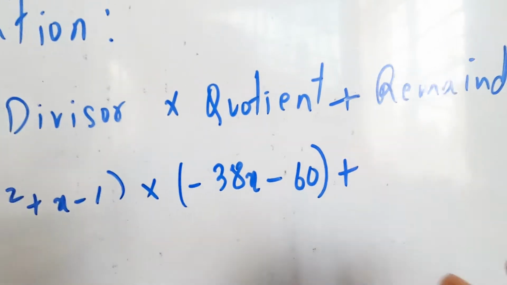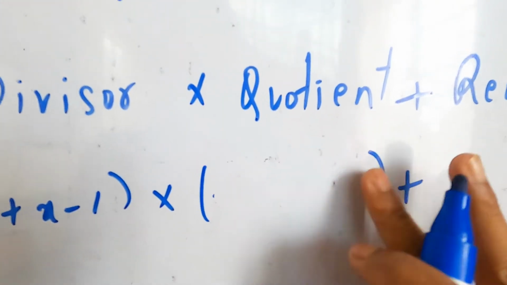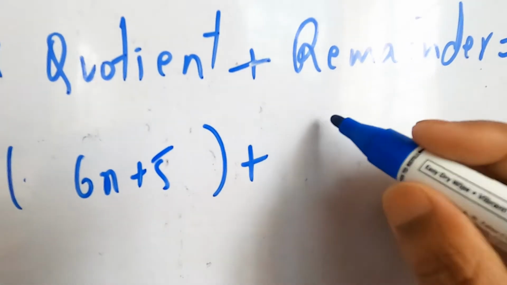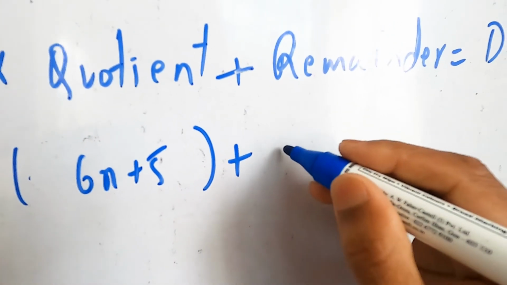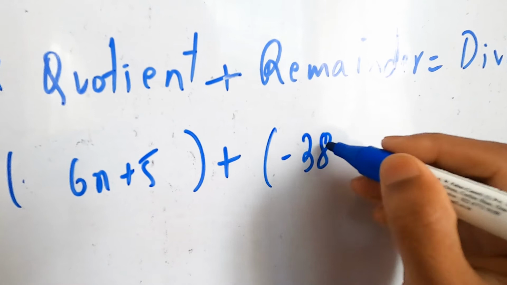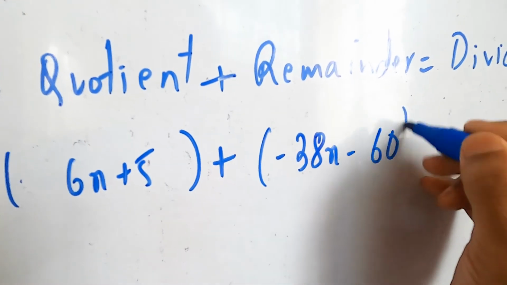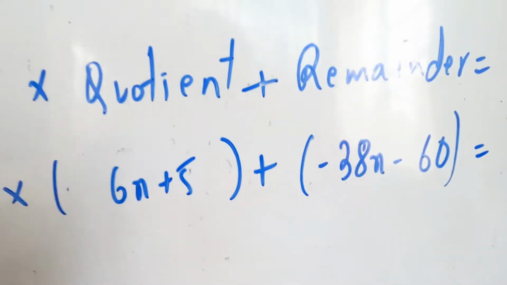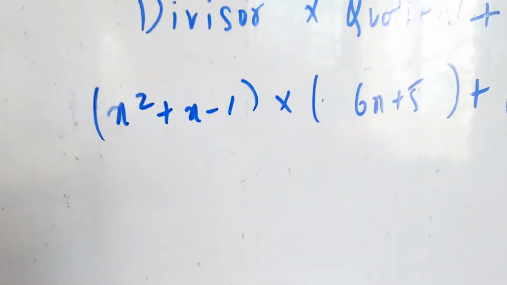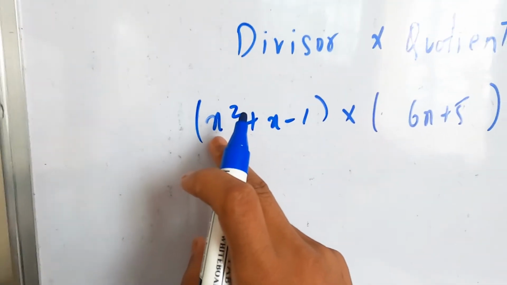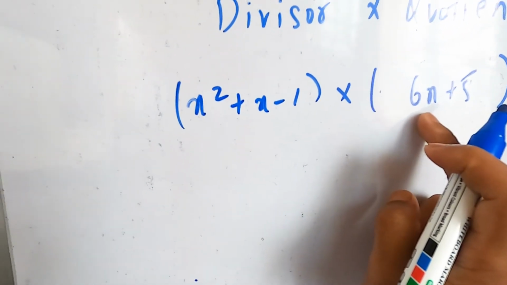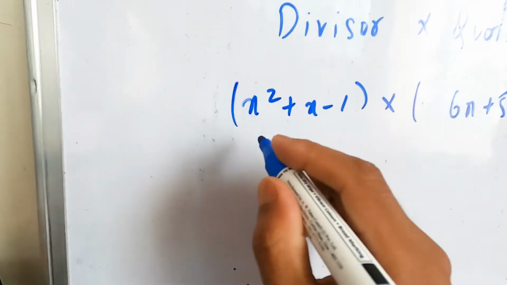Oh, sorry, the quotient is 6x plus 5, and the remainder will be minus 38x minus 60. All right, is it equal to px or not? So in this case, 6x into x square, how much are we getting? 6x cubed.